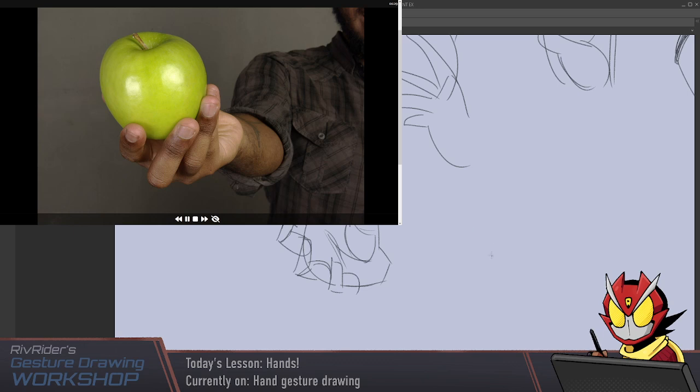Metacarpal of the thumb. Interesting. In this one, we can clump together how those other 3 fingers are warping around the apple, and then build into that. And it's not totally what you think it is. That middle finger is overlapping the pinky finger.